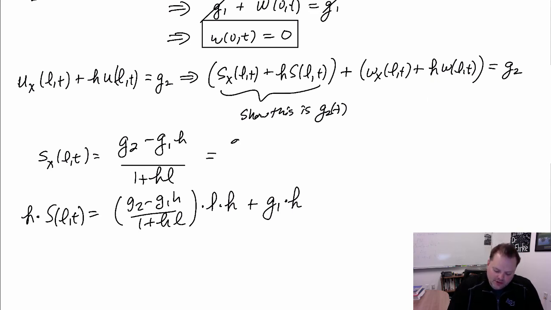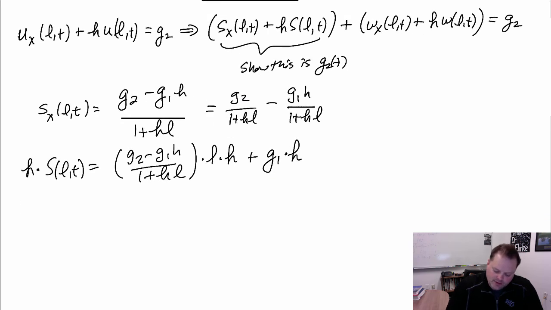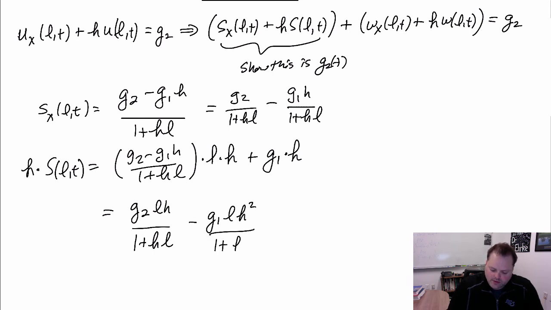So here you've got g2 over 1 plus hL minus g1h over 1 plus hL. This one is g2Lh over 1 plus hL minus g1Lh squared over 1 plus hL.